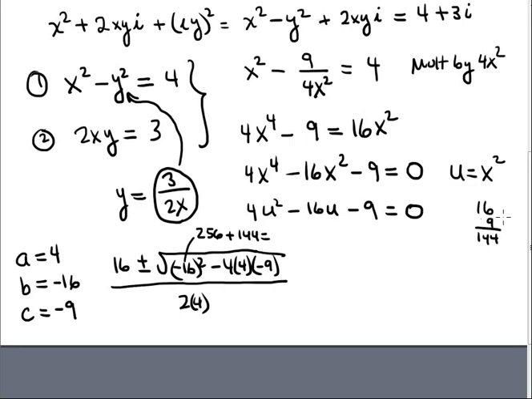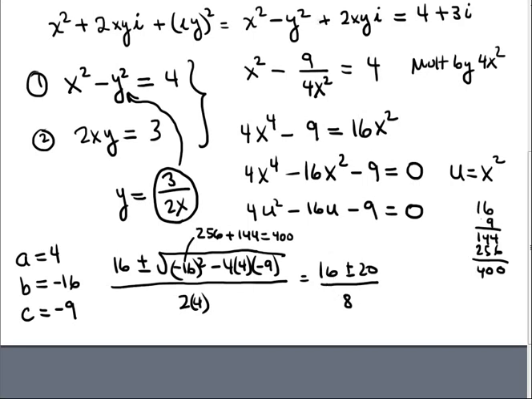And 144 plus 256 is 400. And the square root of 400 is 20, so this is 16 plus or minus 20 over 8.